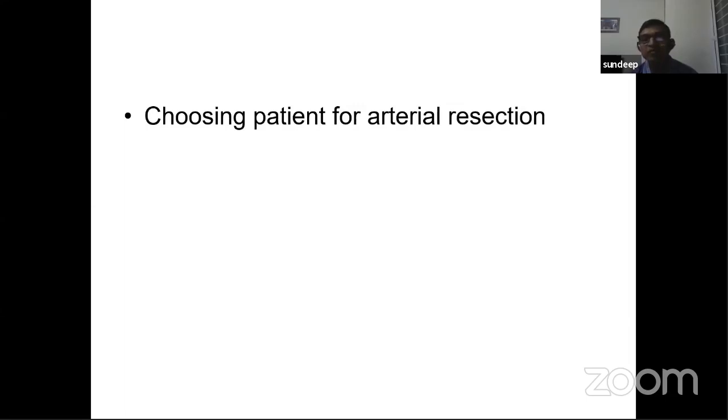There won't be a significant change suggesting that there is an adequate response or not. In fact, the indirect way of assessing the response is whether the size of the tumor from the pre-neoadjuvant scan is static or not. If it is static and not increased, you must go ahead for surgery and assess that on table.